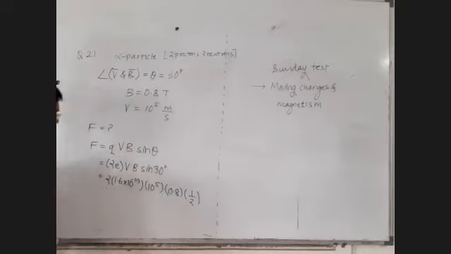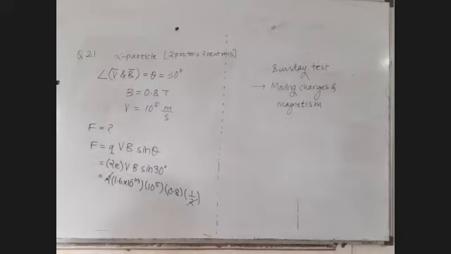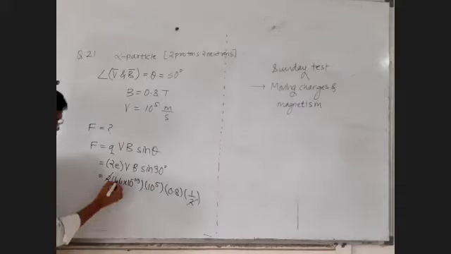Tell me the final answer fast. 2 cancels. 1.6 into 0.8, what is that?